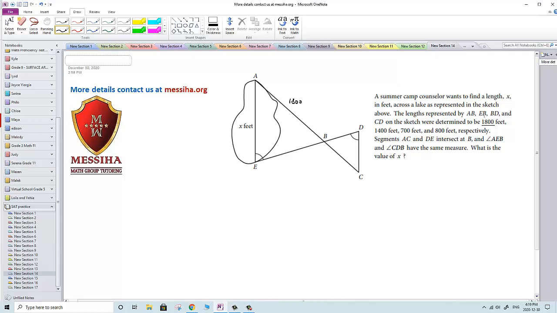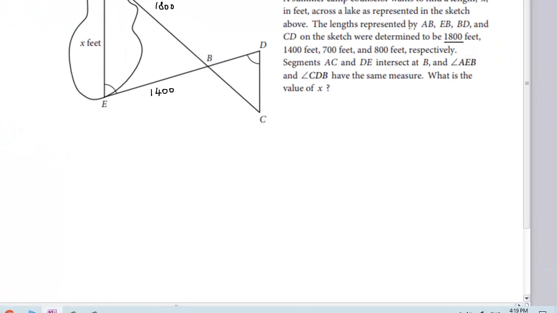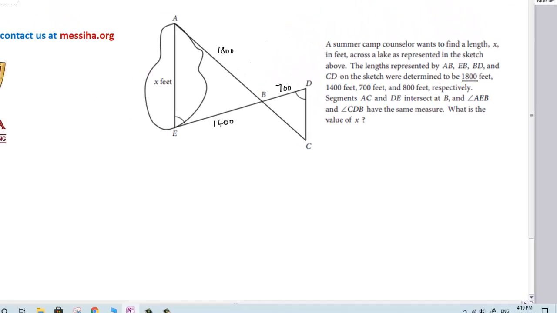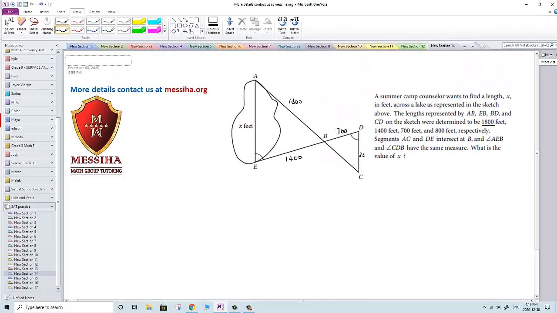Next, EB 1,400. Next, BG 700. And after that, CG 800.